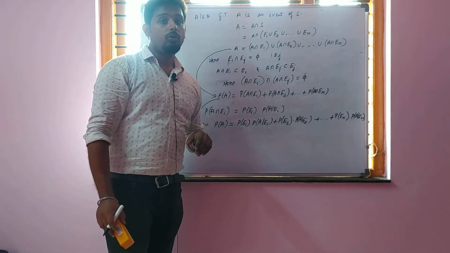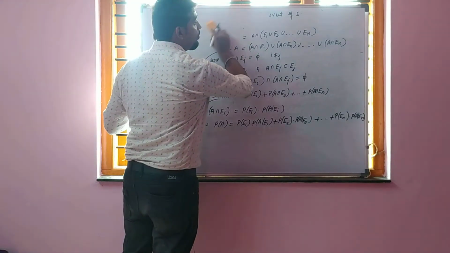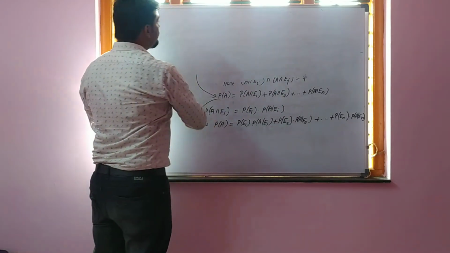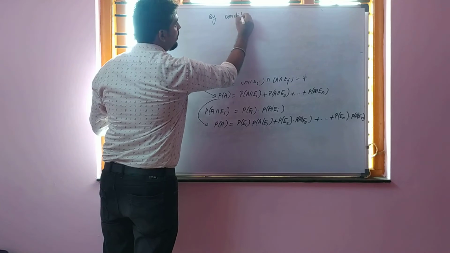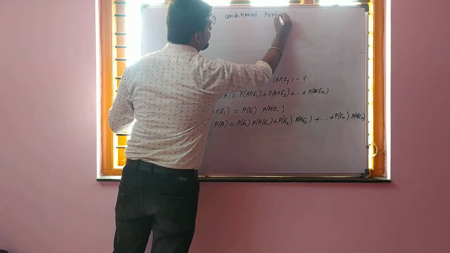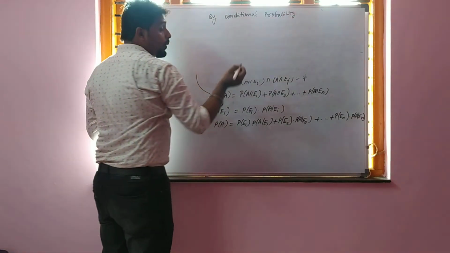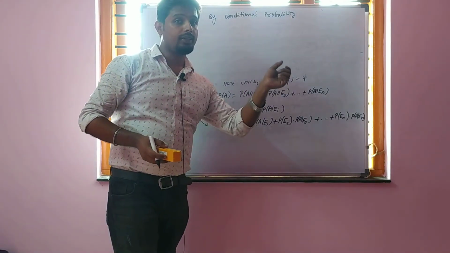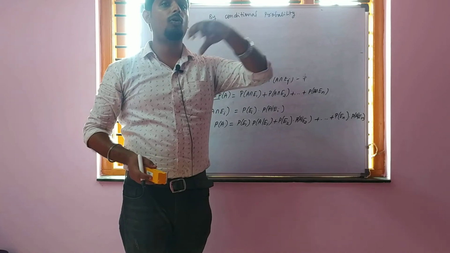Now I need to prove the main expression. For that we need conditional probability. So what is our question now? What is the probability of selecting bag 1, if we know that the white ball is drawn?